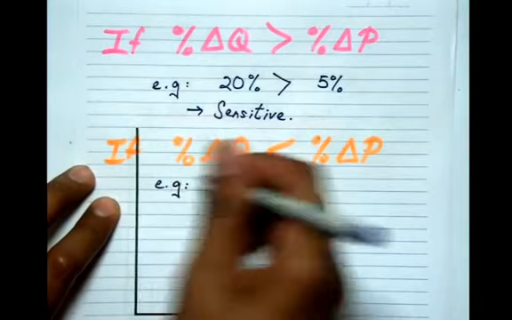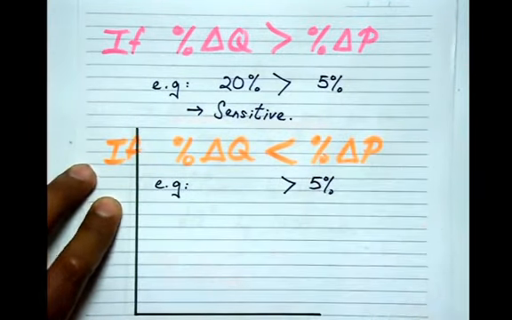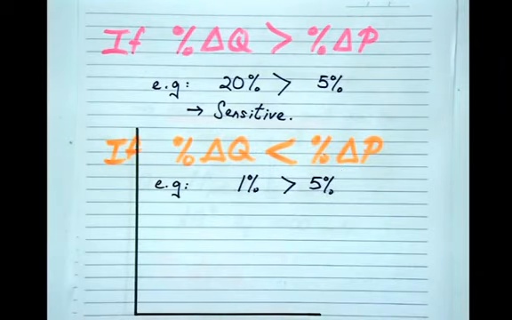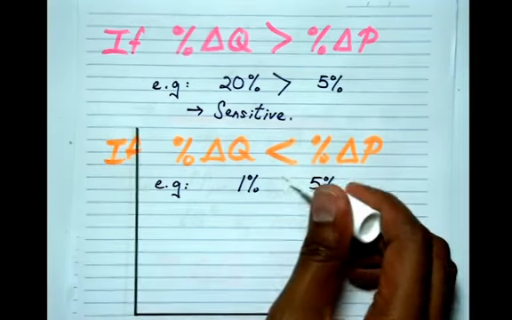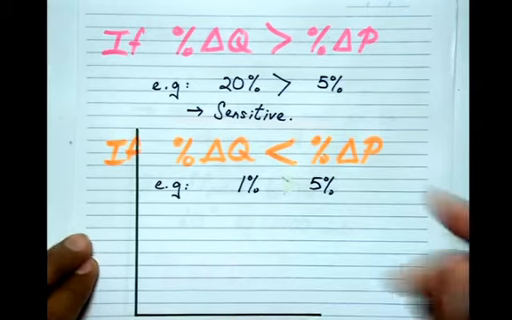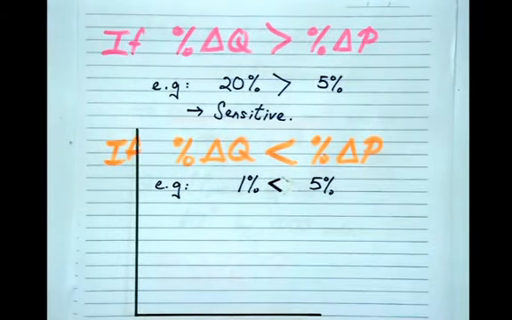Woolworths has a 5% off everything sale and the quantity goes up but by only 1%.